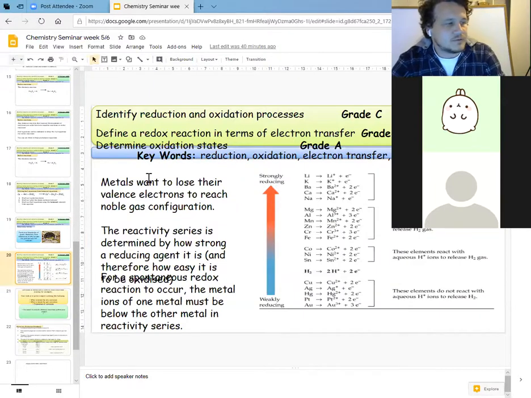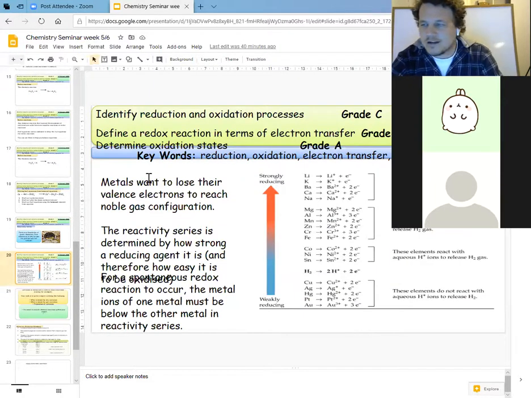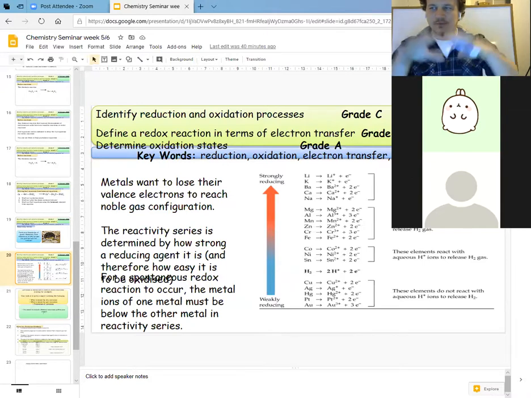So, why do the metals lose their electrons and give them away? It's because they want to reach this noble gas configuration. That means they want to have a full shell of electrons on the outside. They don't want any spaces where electrons can be gained or lost.